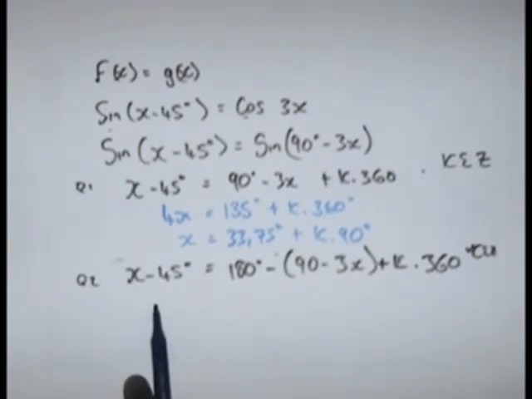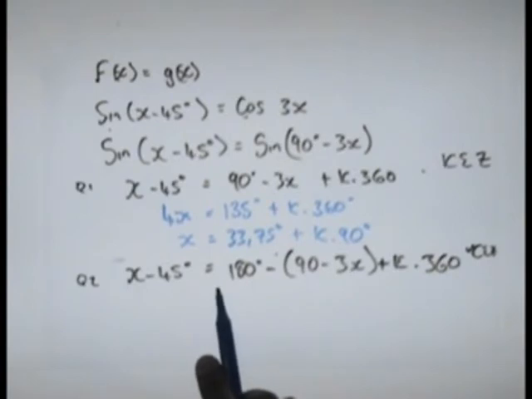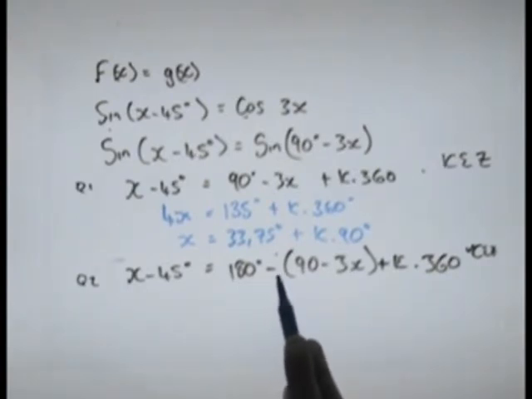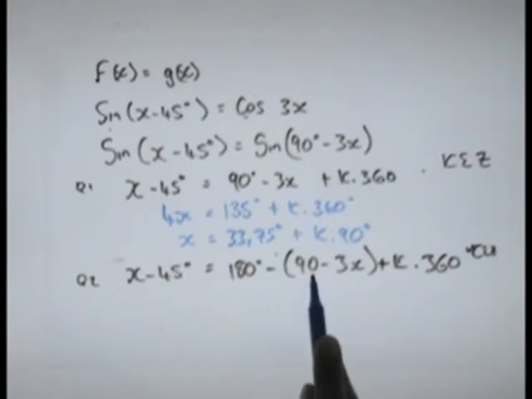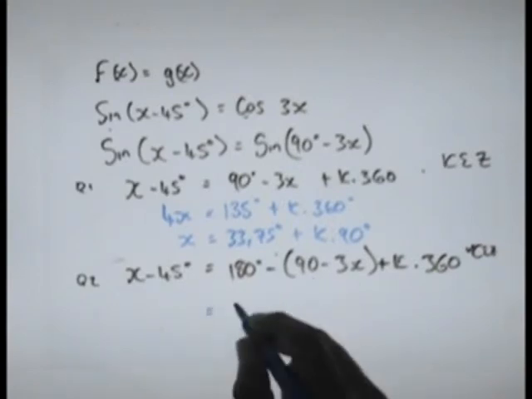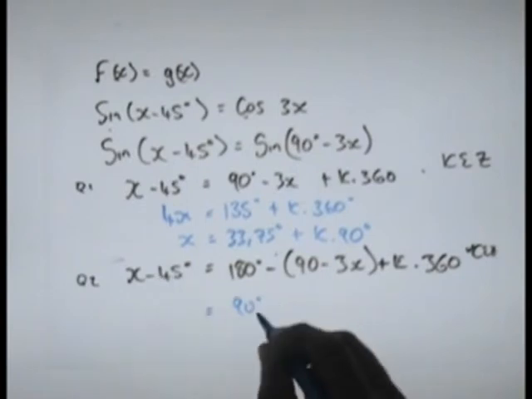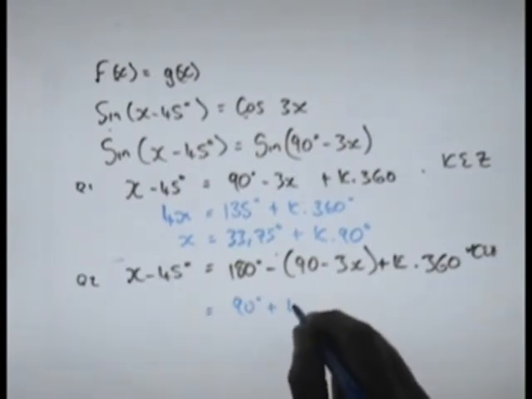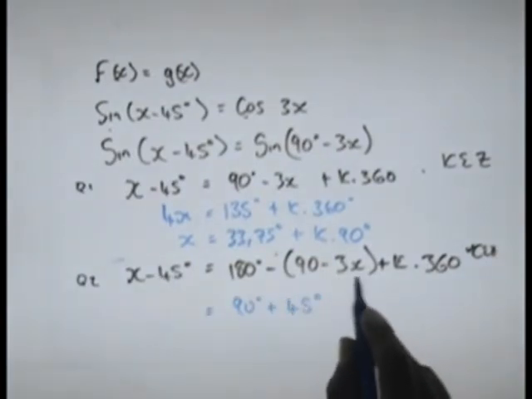Our other possible solution is going to be x minus 45 degrees is equal to 180 minus (90 minus 3x). 180 minus 90 is going to give me 90 degrees. Take the 45 across, so that becomes plus 45 degrees. Minus times a minus 3x becomes positive 3x.